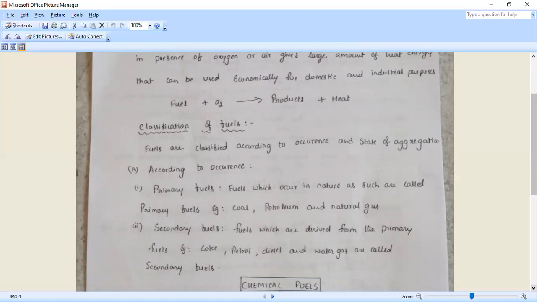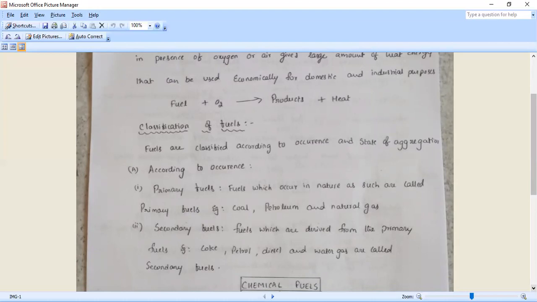Coming to the first one, primary fuels: these fuels which are found in nature as such are known as natural fuels and primary fuels. Examples: wood, peat, coal, petroleum, and natural gas.